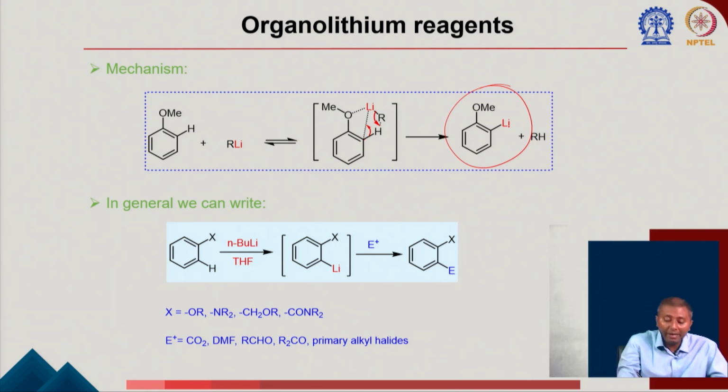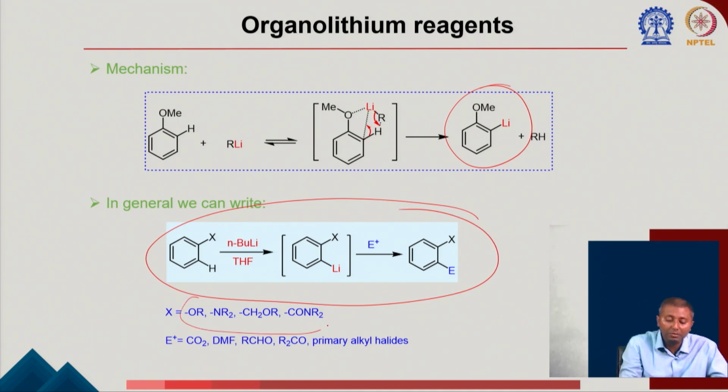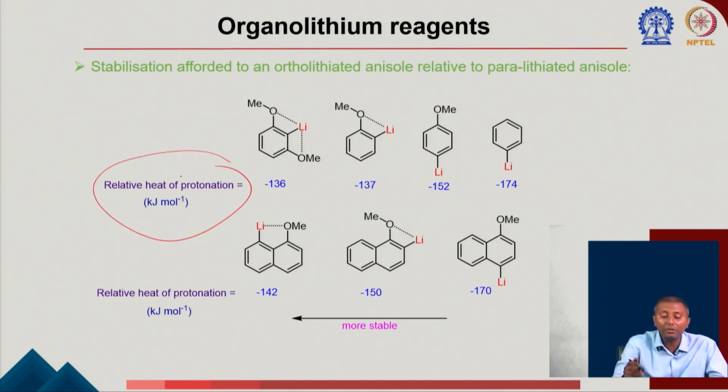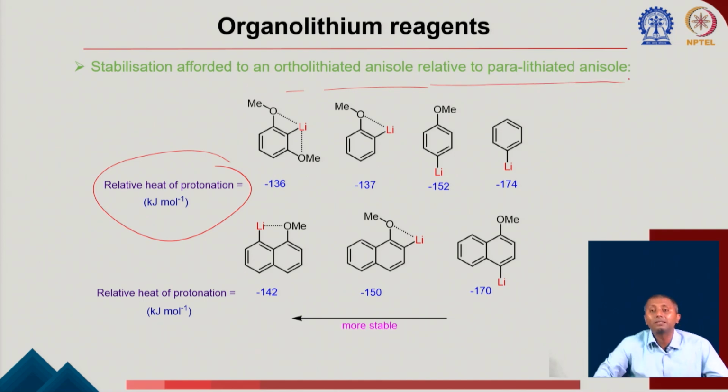So you can write in general that, depending on the X group, if you have oxygen, nitrogen, all these types of groups, or if you have CH2NMe2, in all these cases it is going to form the corresponding lithium species here. Now you can see that we are talking about the relative heat of protonation, the stabilization afforded to an ortho-lithiated anisole relative to a para-lithiated anisole.